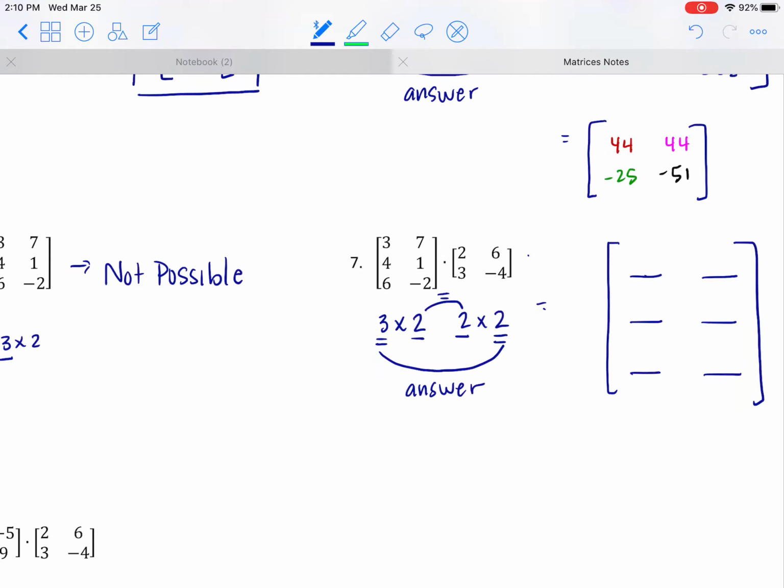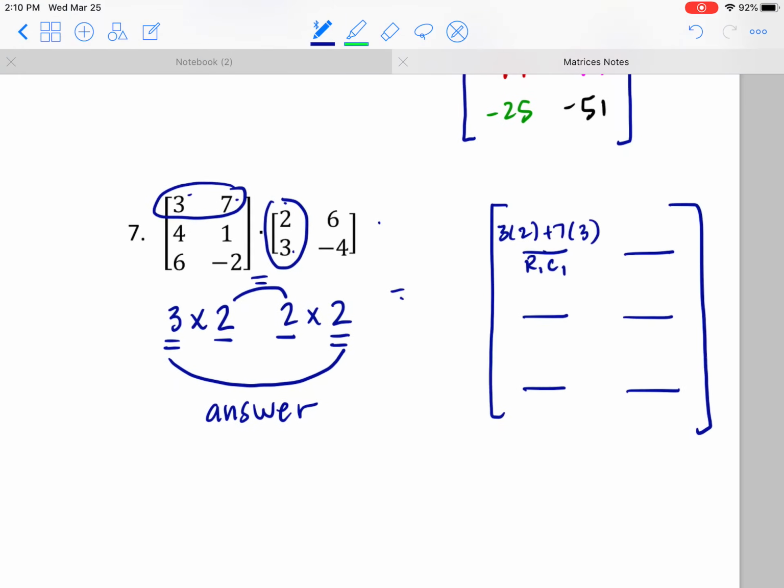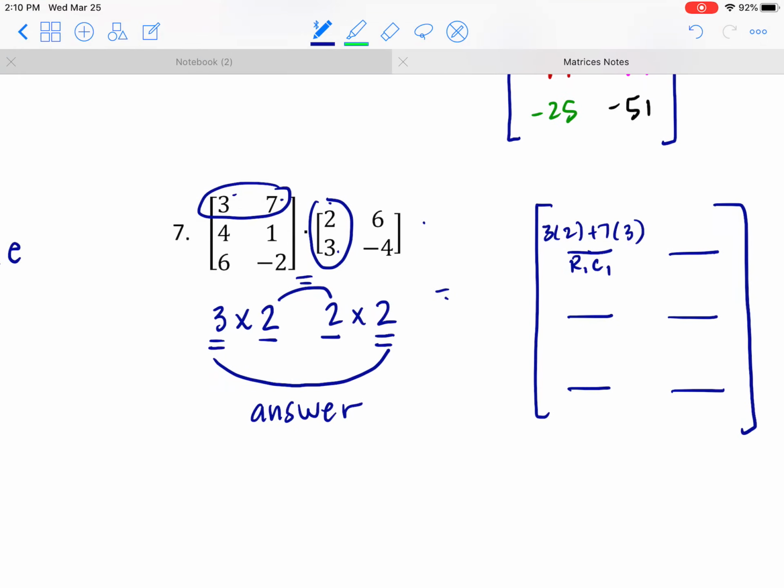And again, use the location of the entry to determine what you're using to multiply to actually find that entry. So this would be row 1, column 1 of the answer, which tells me to use row 1 and column 1 to get it. So I'm multiplying 3 and 2 and 7 and 3. So 3 times 2 plus 7 times 3.